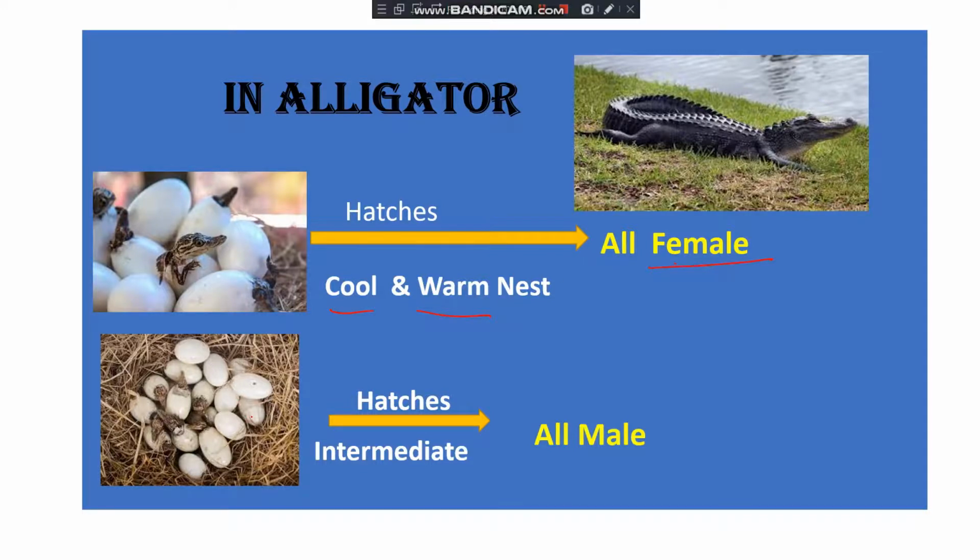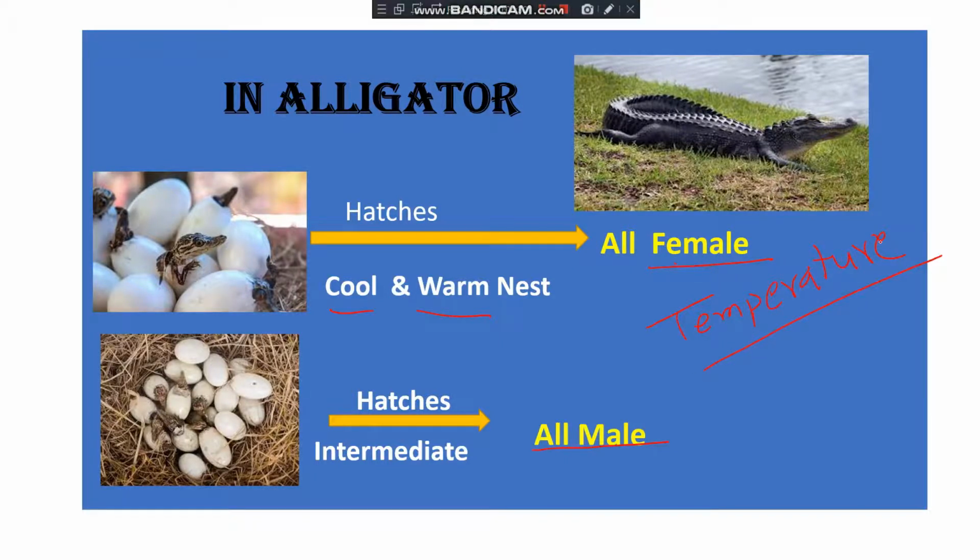And if the temperature is intermediate, between these two temperatures, then all the baby alligators will be male. So here also you can see the sex of the organism depends on the temperature. It is not determined by the genes.